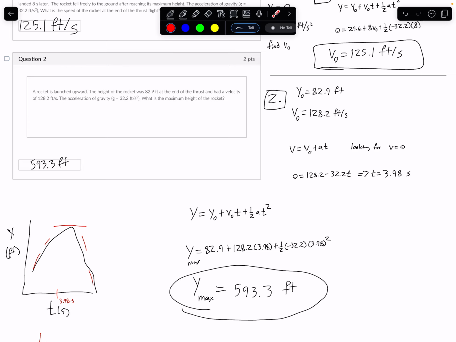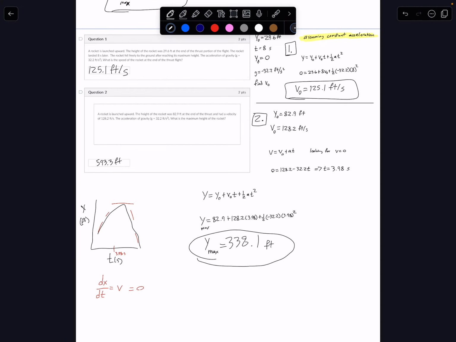Then you have 32.2 divided by 2 times 3.98 squared. What is that? I'm actually getting quite a bit of a different answer. Yes, 338.1 feet.